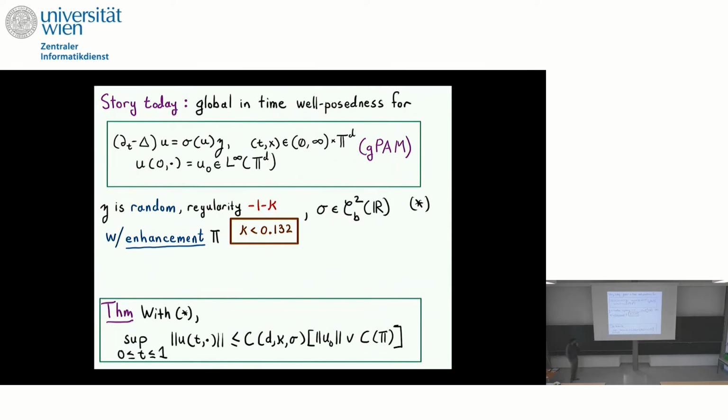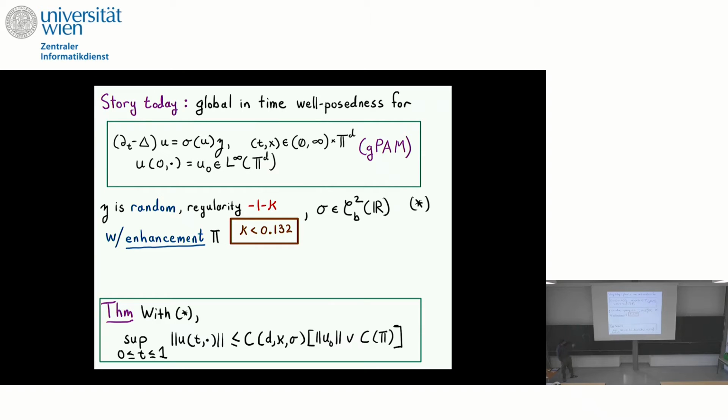And so the theorem is that our crucial bound here holds if I assume, so I can't go as far as the local theory, that kappa is less than 0.132. This is not exactly the optimal value, but a truncated decimal of it.